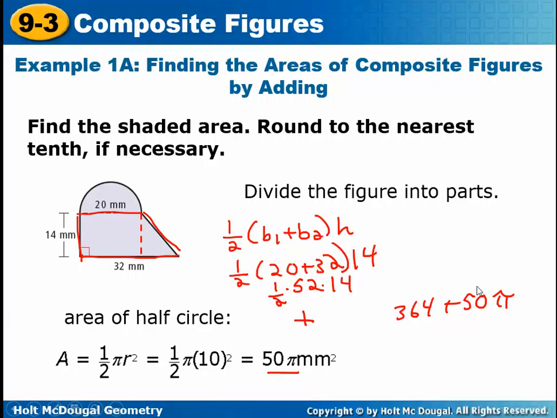And at that point, I would find out what 50 pi was. Where's my pi button? I'm using my calculator here. And it's better to use the pi button on your calculator than it is to use 3.14, because 3.14 has been rounded already. It's really 3.1415, and then there's more digits after that because pi just keeps going and going and going.